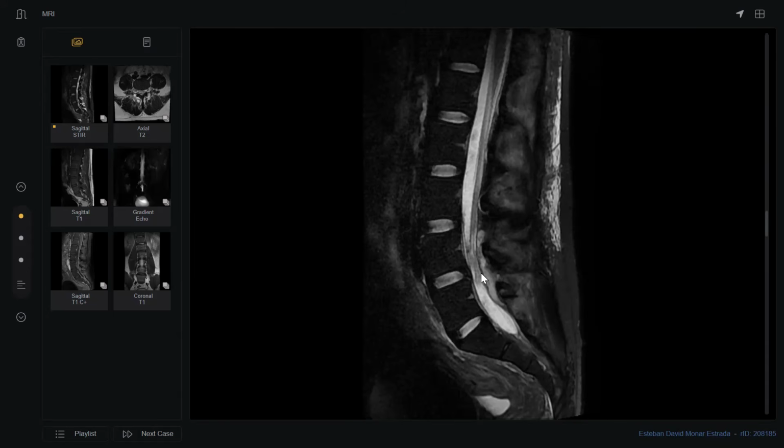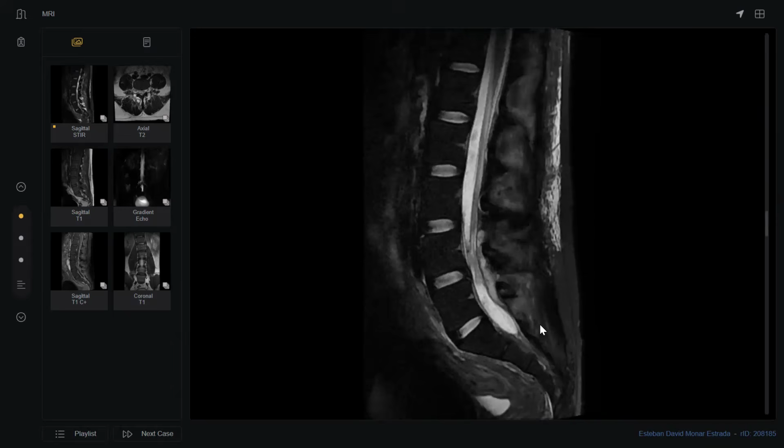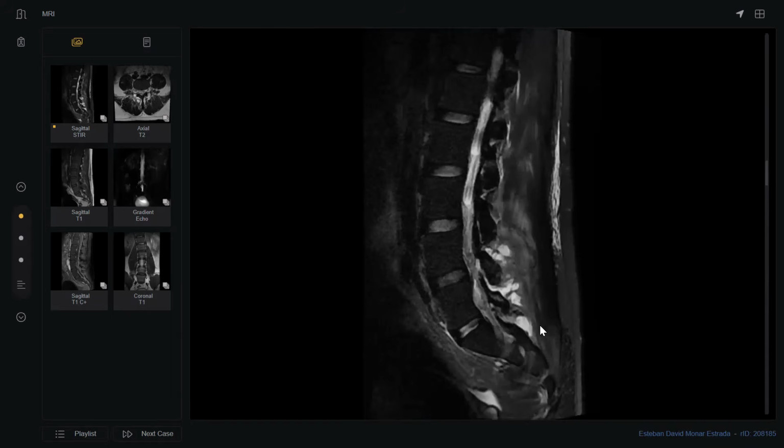Yes, here. If you can see my mouse, I can see that there is abnormal dilatation seen at the level starting from L5 and ending at S1. Don't worry about it. What else? Otherwise, I can see that there is abnormal clumping of the cauda equina.